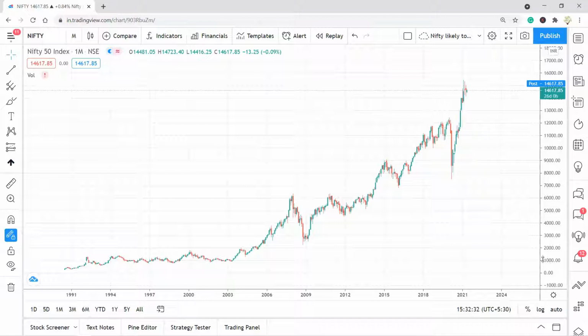So if this distance represents 1000 rupees, then the same distance will represent a 1000 rupee change anywhere on the y-axis. That means the distance between 1000 to 2000 will be exactly the same as the distance between 9000 to 10,000. Correct? So the same distance represents a particular change in price.